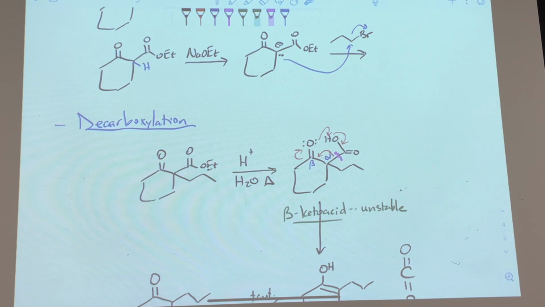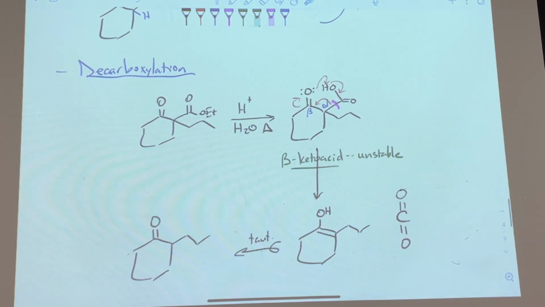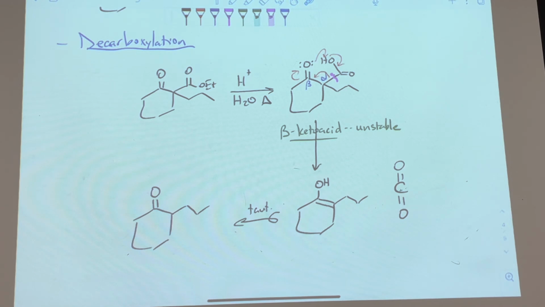You can easily take it off through the decarboxylation. So it really starts to expand the synthetic repertoire, if you will. Right? We start to see how you can use a lot of this carbonyl chemistry to start making really kind of complex ring systems, a lot of stuff that you would have not been able to make previously.